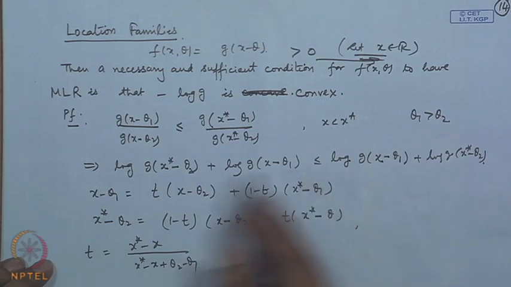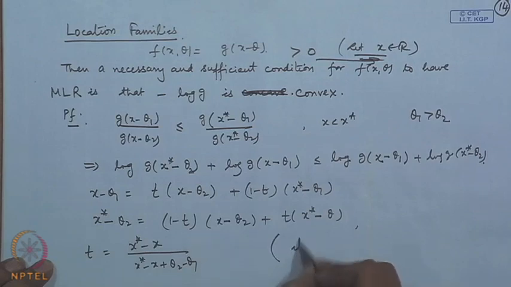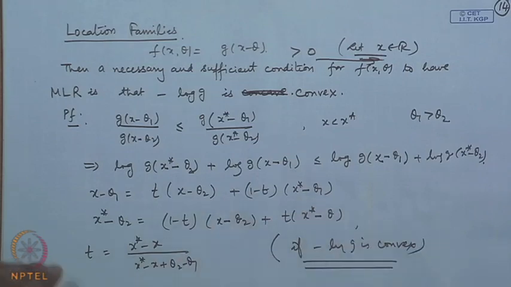Then if we do that, then if minus log g is convex, then this will be true, and the converse is also true, that is, it is necessary and sufficient.